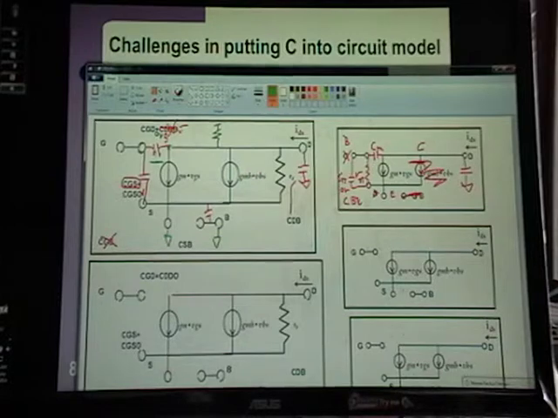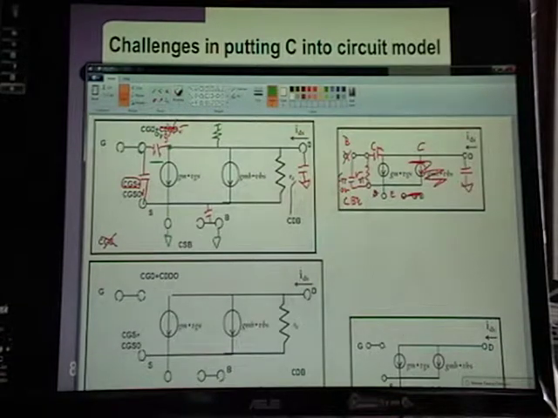And if both sides of a capacitor are moving, it makes the calculations really complicated. So let's see what I'm saying here. Let's get rid of this.